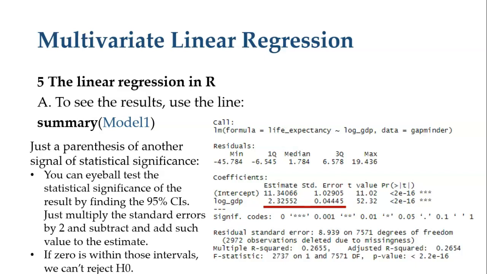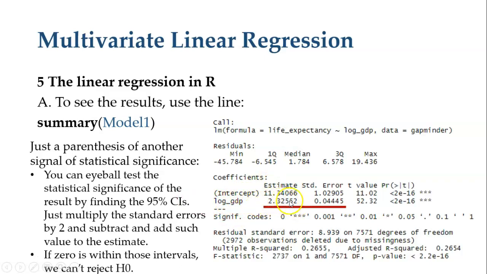Something that I want to highlight here. We just saw that the results are statistically significant, but just to process a little bit more, to apply these ideas of the 95% confidence intervals. Remember that in order to estimate the 95% confidence intervals, we multiply the standard errors by 2, and we add that value and subtract that value to the estimate of, in this case, our independent variable, right?